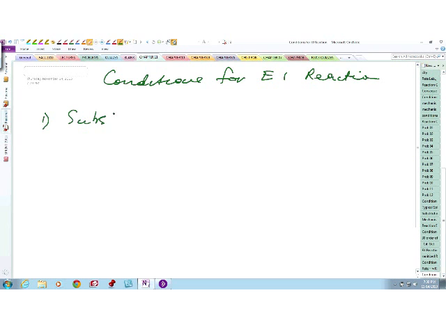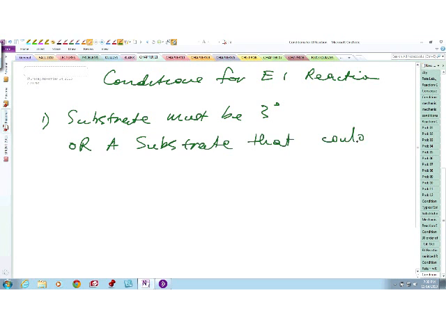One, the substrate must be tertiary, or a substrate that could generate a stable carbocation.